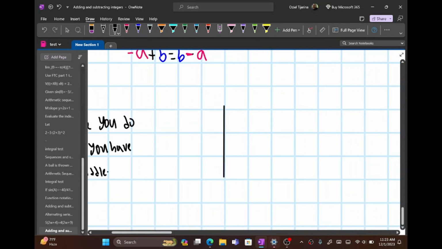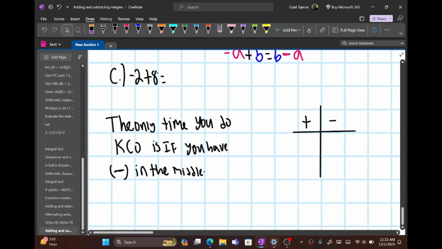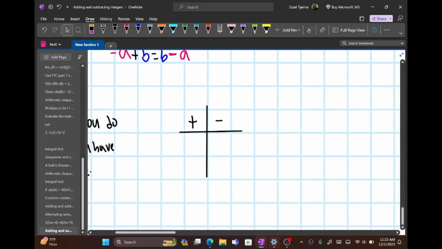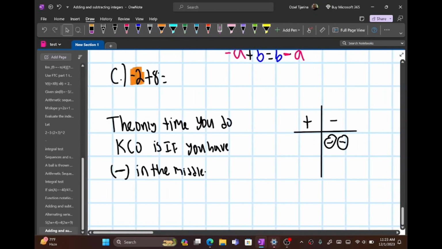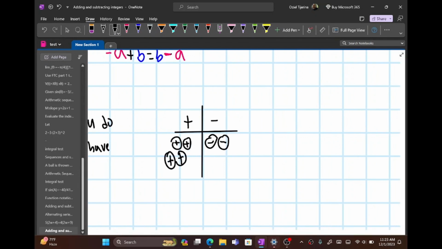So I'm just going to do my T-chart, with positives and negatives. How many negatives do I have? There are 2 negatives: 1, 2. And then there's 8 positives: 1, 2, 3, 4, 5, 6, 7, 8.